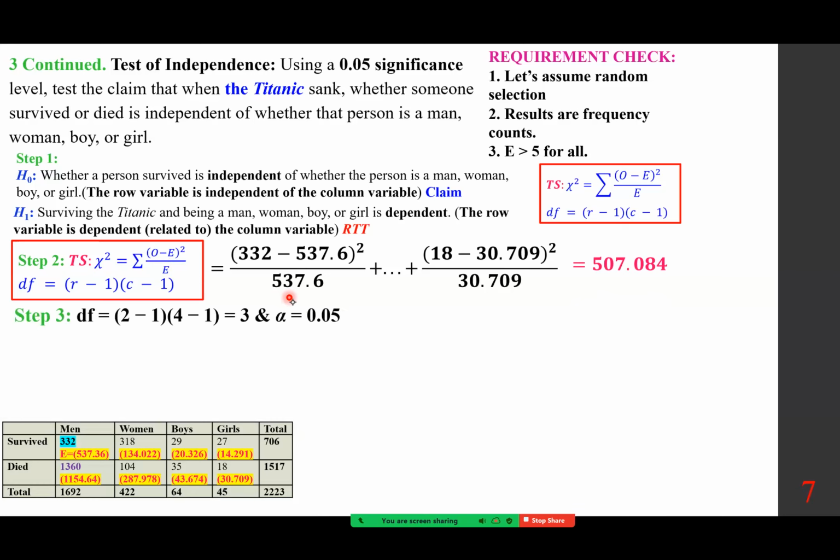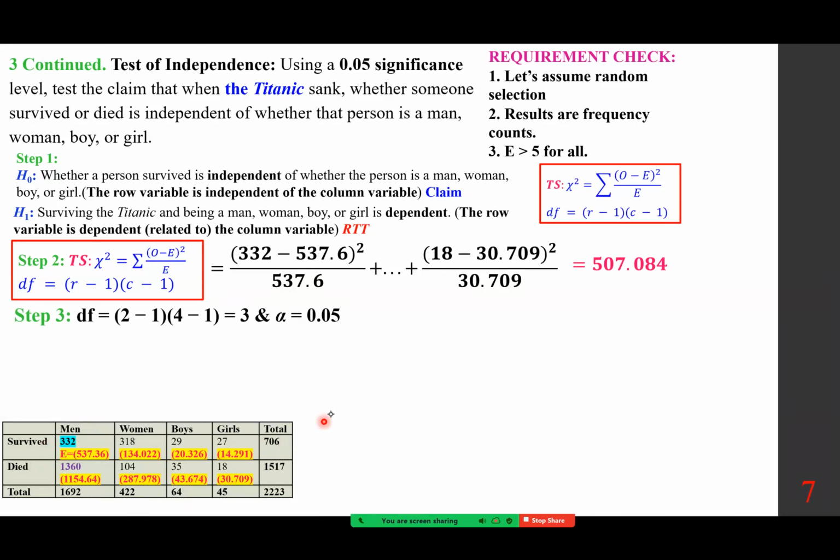The next step is to find the critical value, which depends on the choice of alpha, which is 0.05, and degrees of freedom, which is r minus 1 times c minus 1. So we have two rows, 2 minus 1 is 1, and 1, 2, 3, 4 columns, 4 minus 1. Please don't mix up the totals.